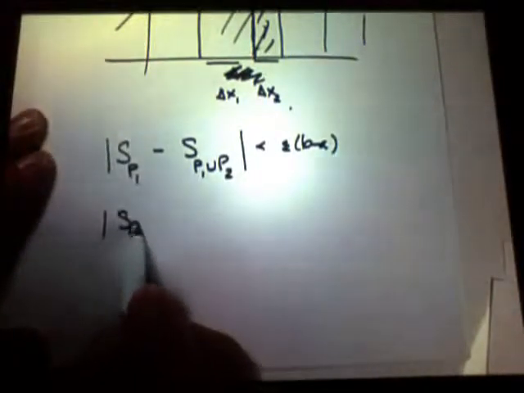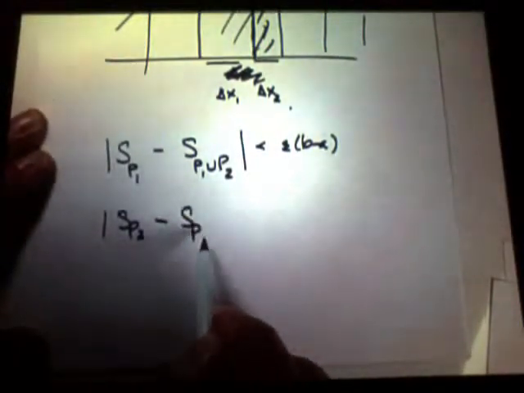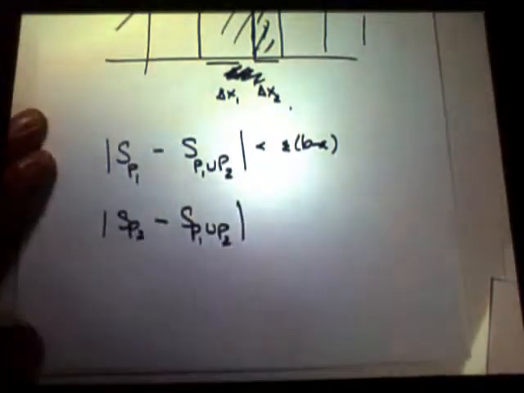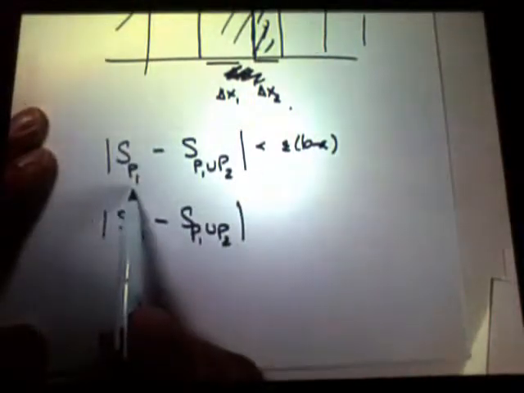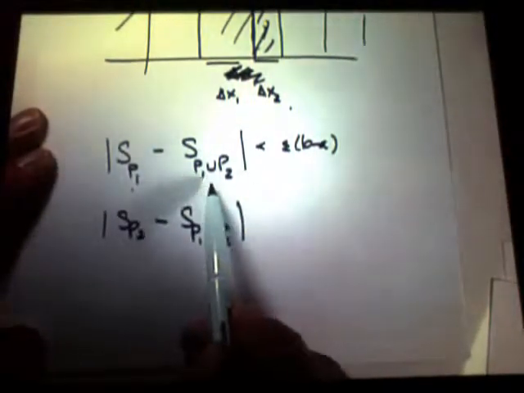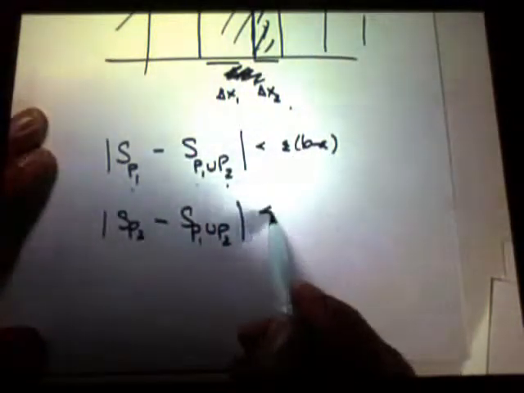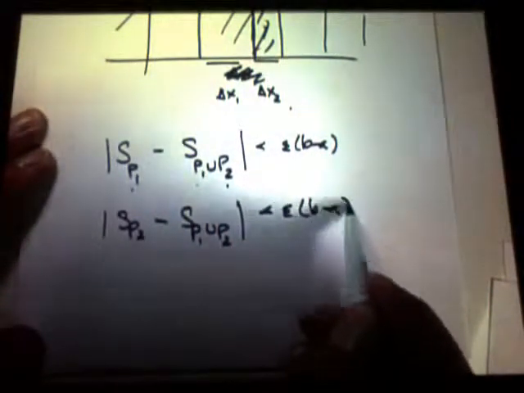The same thing can be said of the sum for P2, since P1 union P2 is a common refinement of P1 and P2. So the original P1 and the refinement sums differ by no more than this, and this differs by no more than this.